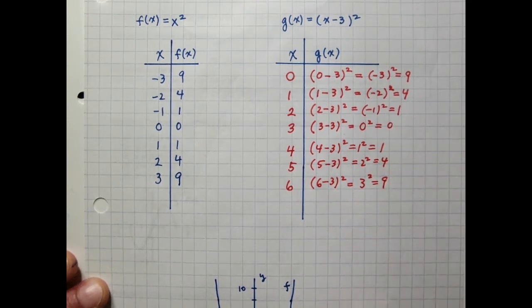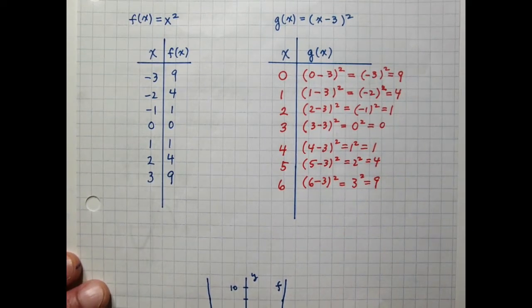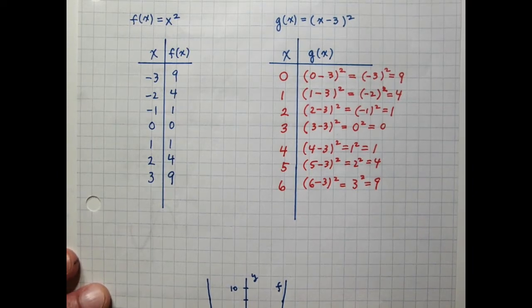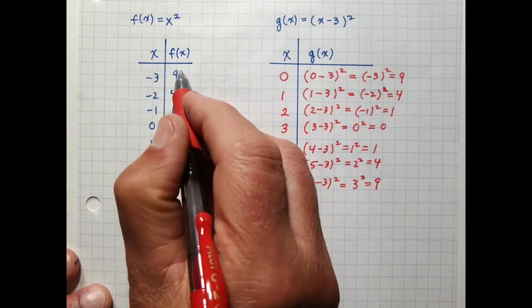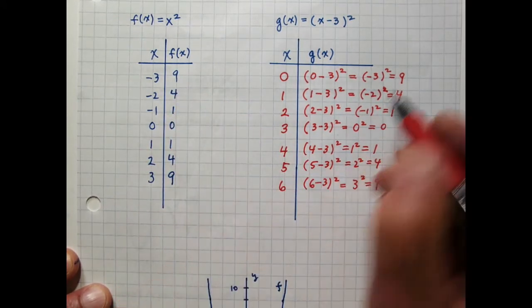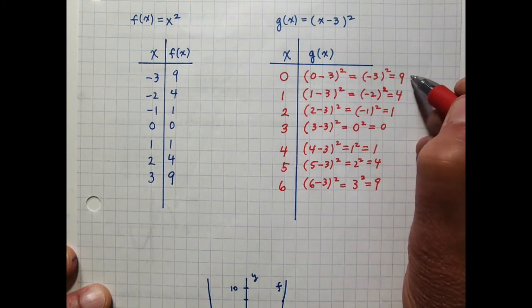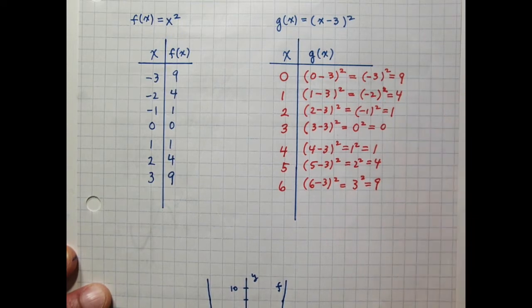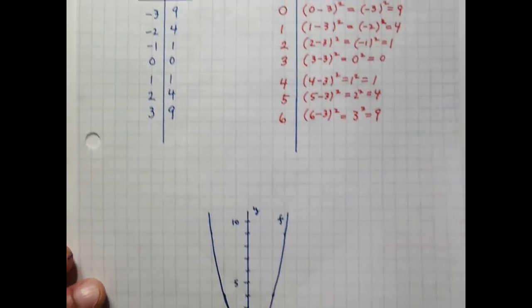Now, it really doesn't matter which x values I pick, okay? But I pick these in a certain way because just notice that the y values we have in my table for f of x are the same as the y values we have in the table for g: 9, 4, 1, 0, 1.